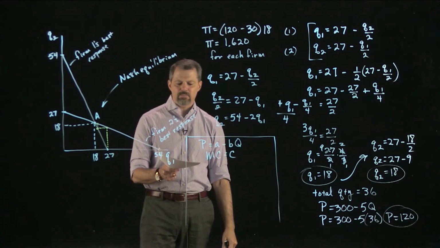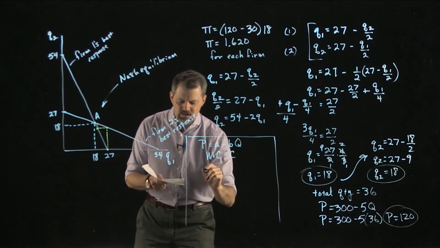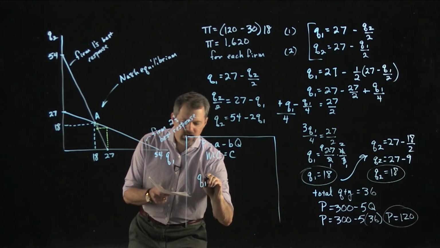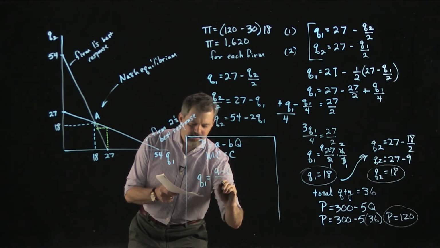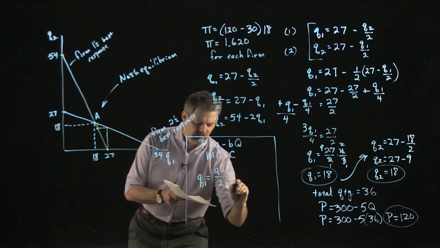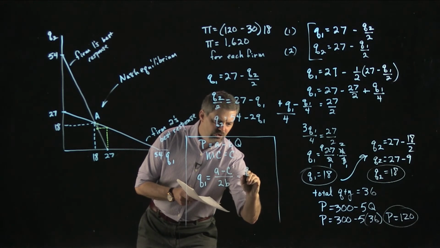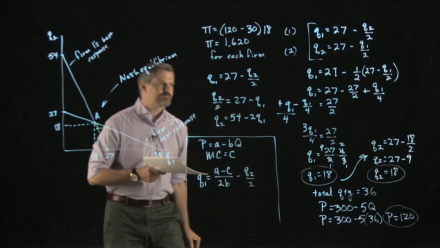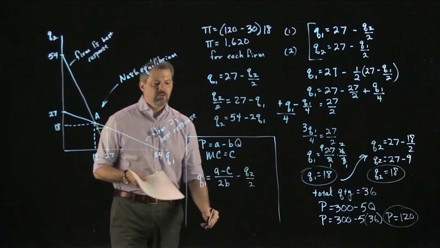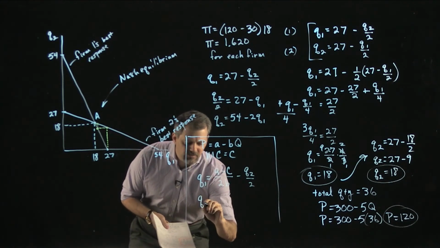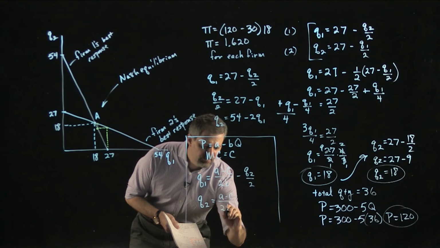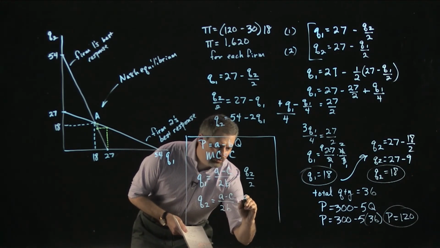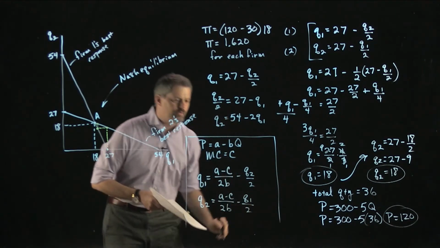Then here's what the reaction functions or the best response functions look like. Q1 will be (A minus C) divided by 2B, minus Q2 over 2. Firm 2's best response function will be (A minus C) over 2B, minus Q1 over 2.